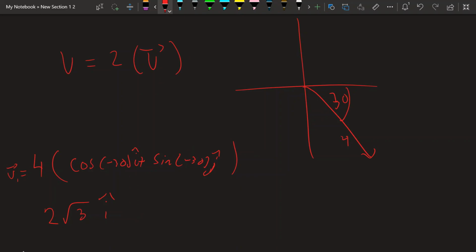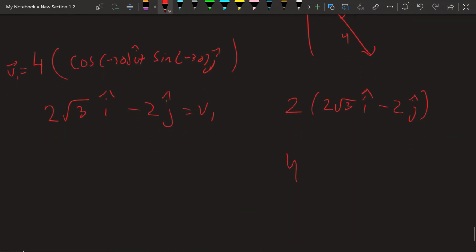And 4 sine minus 30 will give you minus 2j. This is equal to v1, right? And we're trying to find twice v1. So our answer is going to be 2 multiplied by 2 radical 3 i minus 2j. And that's your answer. If you want to simplify, you're going to get 4 radical 3 i minus 4j.